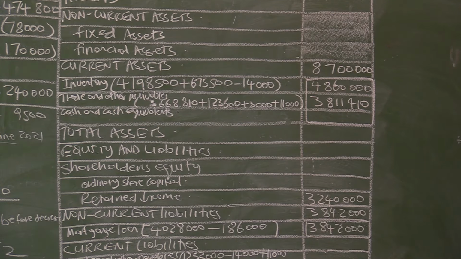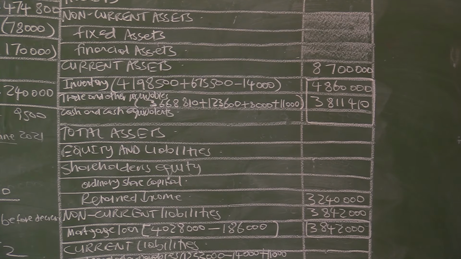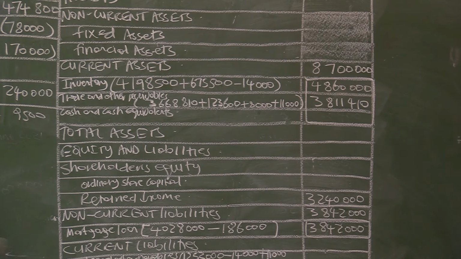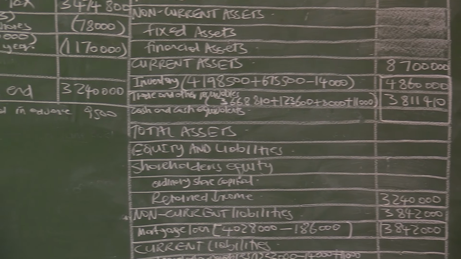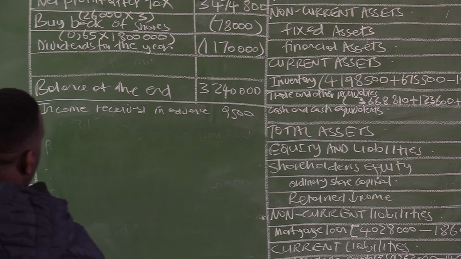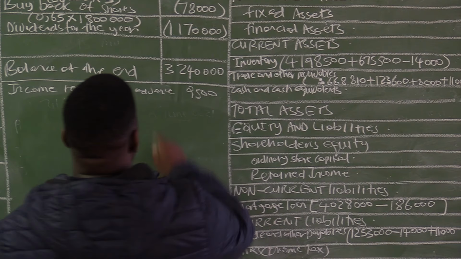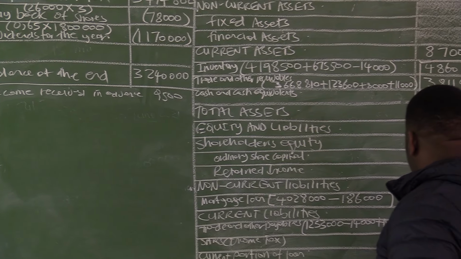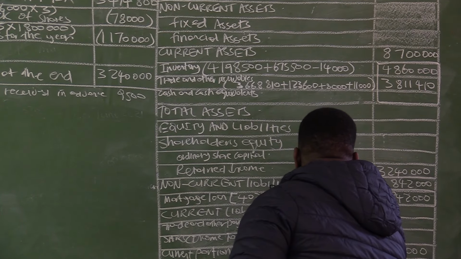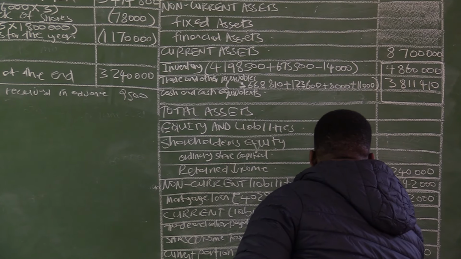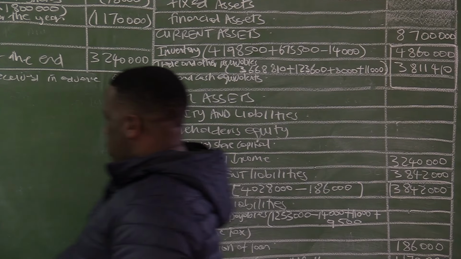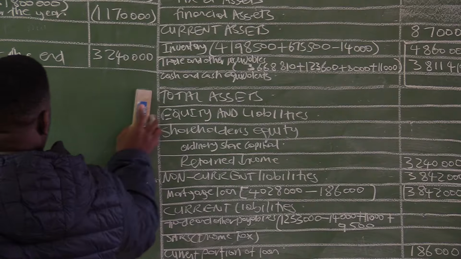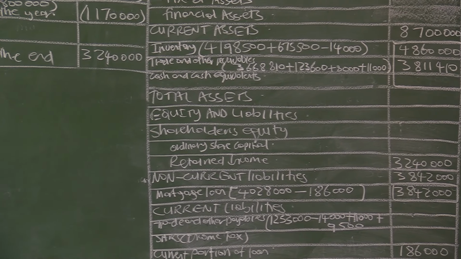Before we clean this, this 9,500 is for the income received in advance, which should go under trade and other payables.